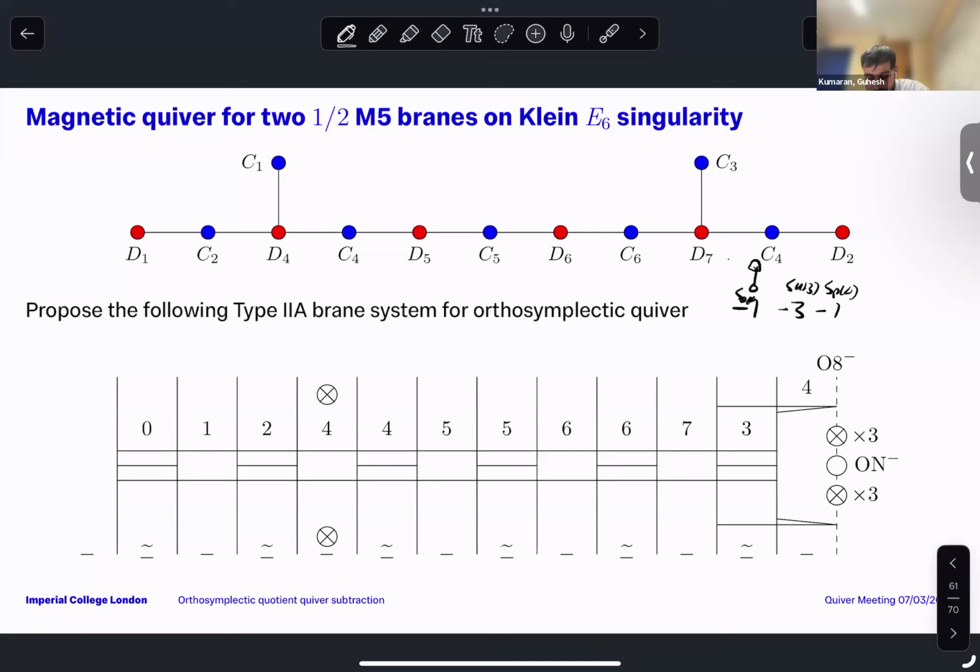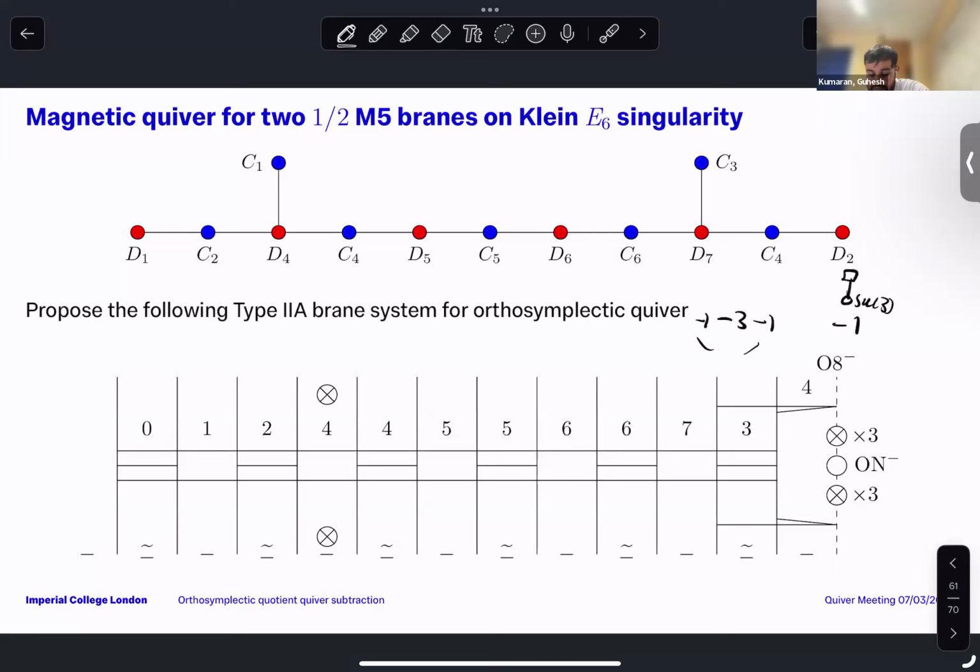So when, if you like, we've collapsed these -1 curves simultaneously, leaving behind a -1 curve with the SU3 on it.